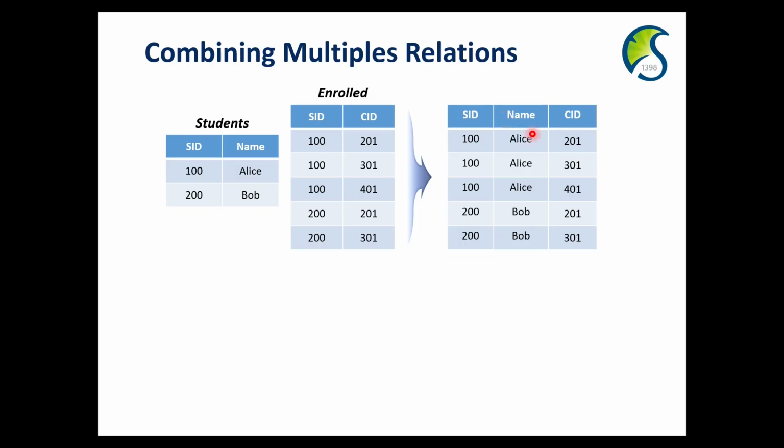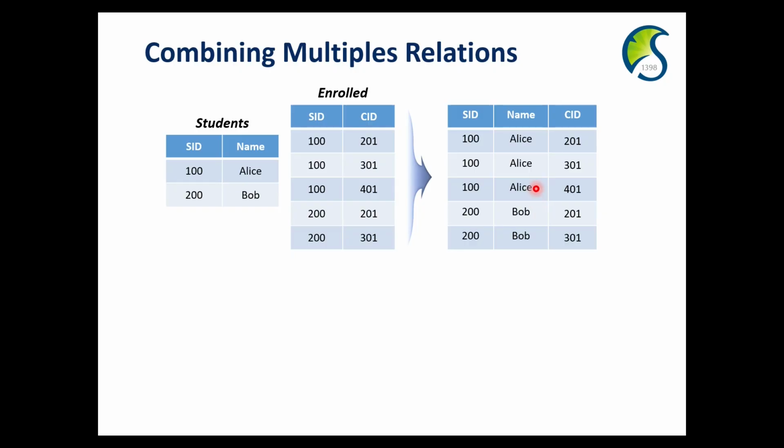So based on this relation, we can find some information, such as for Alice, we can find some students who take the CID 201. Here, Alice and Bob.